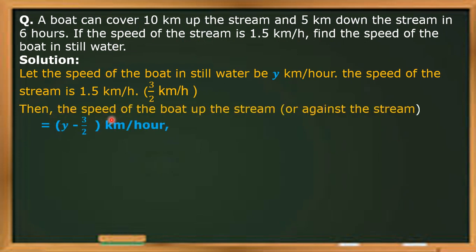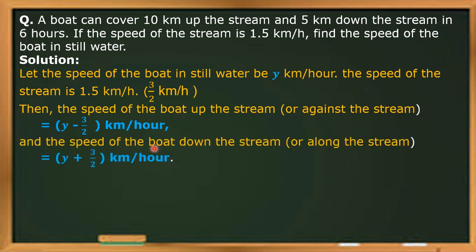So the speed of the boat upstream, or against the stream, is y minus 3 by 2 km per hour. Similarly, the speed of the boat downstream, or along the stream, is y plus 3 by 2 km per hour.